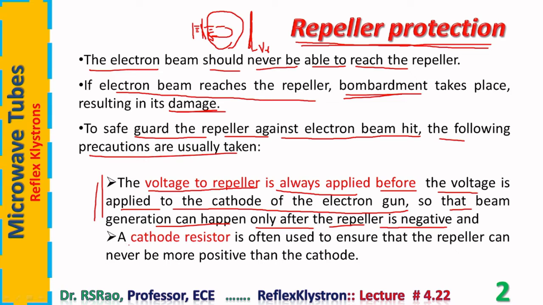Another measure is that a cathode resistor is often used to ensure that the repeller can never be more positive than the cathode. Therefore, the electron beam always faces opposition to its movement towards the repeller plate.